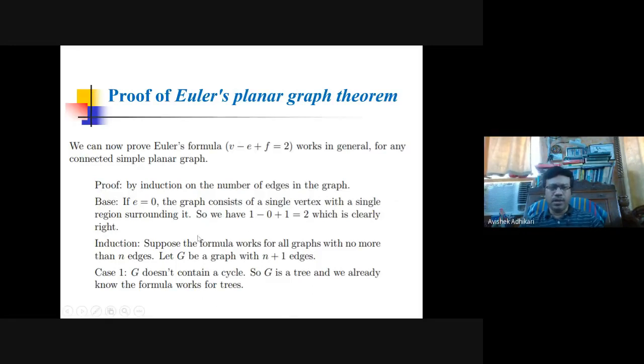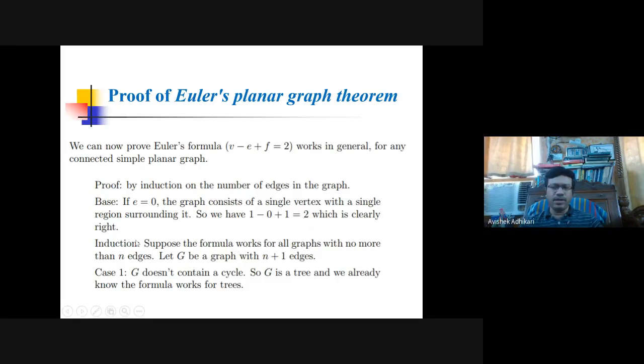Now suppose the formula works for all graphs with no more than n edges. That means we assume that the result is true for all connected planar graphs with n edges. And let G be a graph with n plus 1 edges.